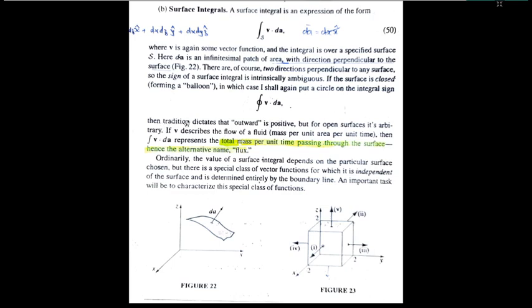So the tradition decides outward is positive, but for the open surface, arbitrary. माने अगर ये ऐसी सरफेस है तो ऊपर वाला पॉजिटिव ले रहे हो तो नीचे वाला नेगेटिव अपने आप हो जाए. अगर नीचे वाले को पॉजिटिव लो तो ऊपर वाला नेगेटिव. तो ओपन सरफेस में थोड़ा फ्लेक्सिबिलिटी है, लेकिन ऐसी क्लोज सरफेस हो, डाइस है, बलून है, तो आउटवर्ड एरो विल बी बाय डिफ़ॉल्ट पॉजिटिव, इनवर्ड एरो विल बी बाय डिफ़ॉल्ट नेगेटिव.